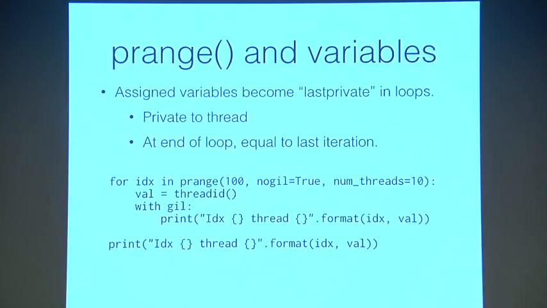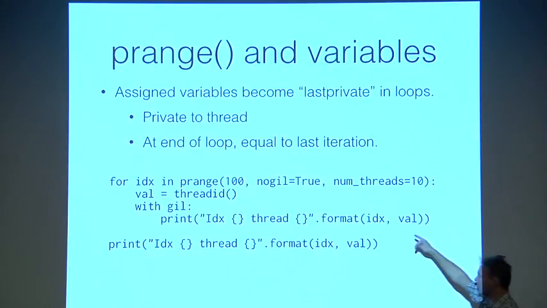Variables inside of parallel ranges, inside of loops, are also private to the thread. And at the end of the loop, they're called last privates. At the end of the loop, they're equal to the last iteration.